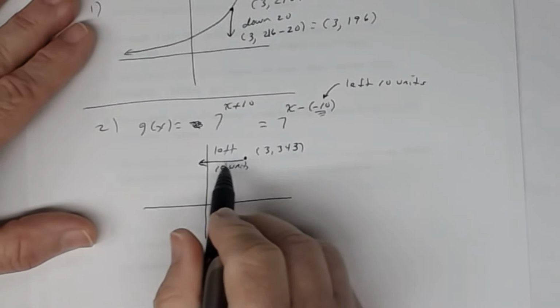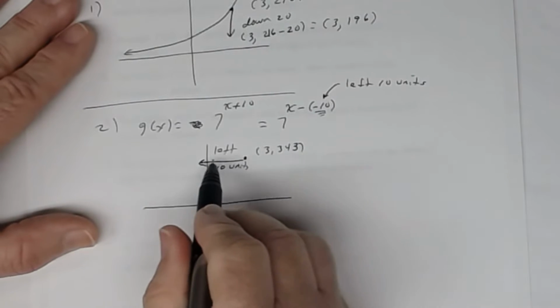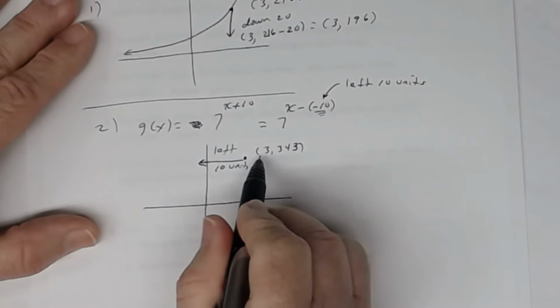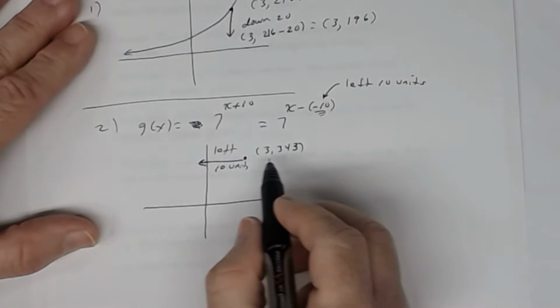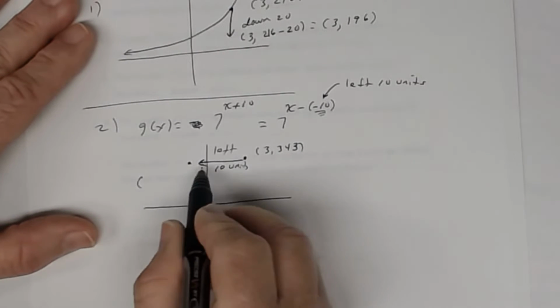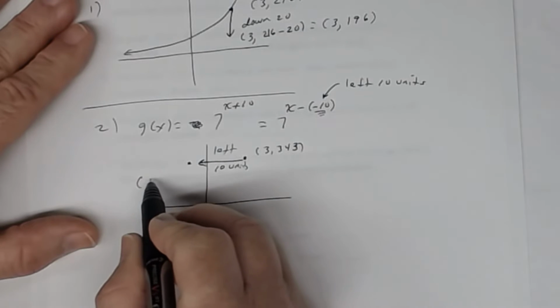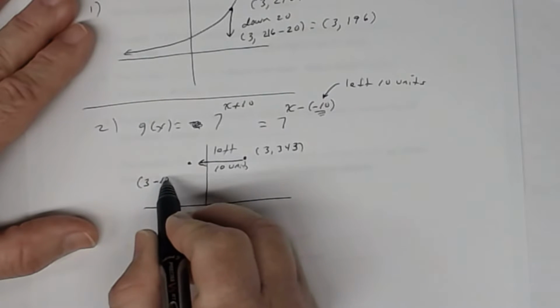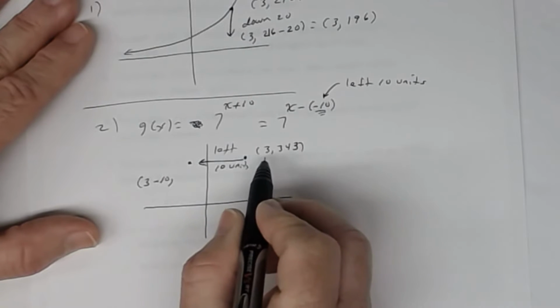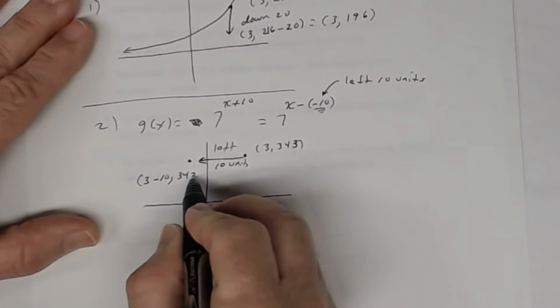When you shift a point to the left or the right, notice that all the y-coordinates are the same. It's the x-coordinate that changes. So this new point is going to be 3 subtract 10, comma, because you're subtracting 10 only from the x-coordinate. The y-coordinate stays the same.